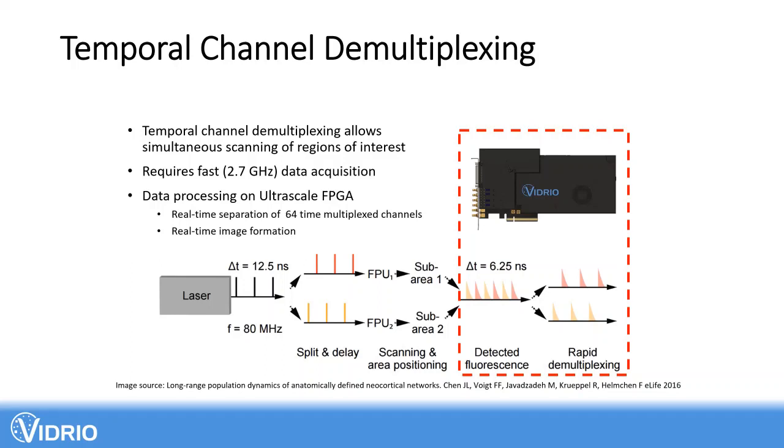So the new vDAQ at 2.7 gigahertz can divide up that 12.5 nanoseconds into 64 time multiplex channels. And this type of approach is, as Darcy talked about yesterday, being pioneered by Ali Pasha at Rockefeller.